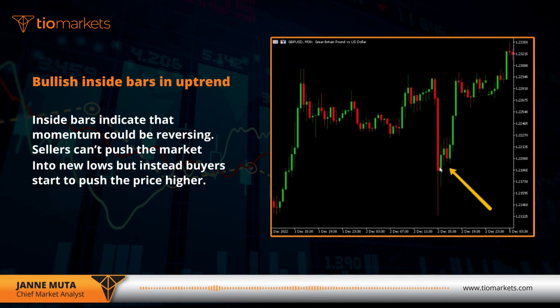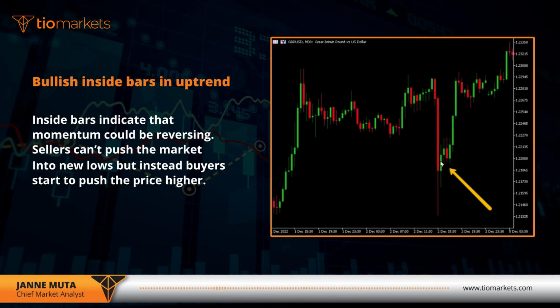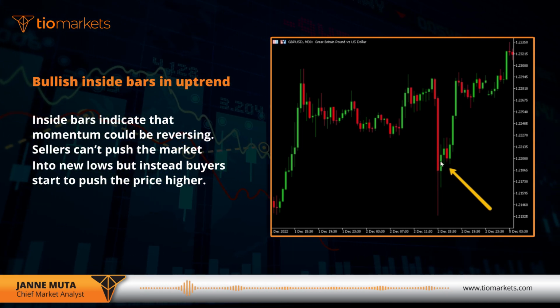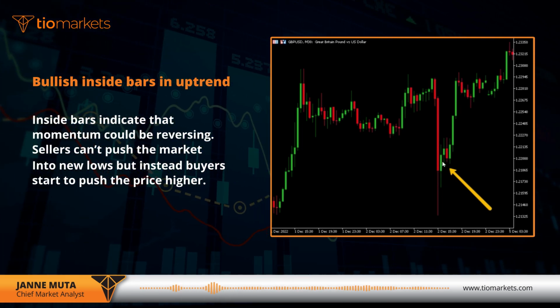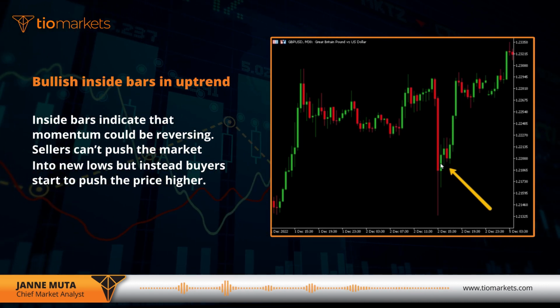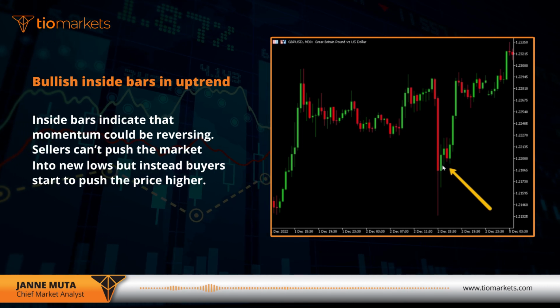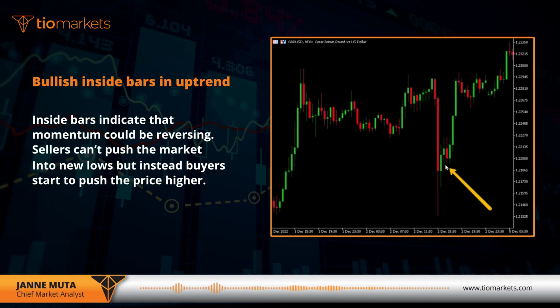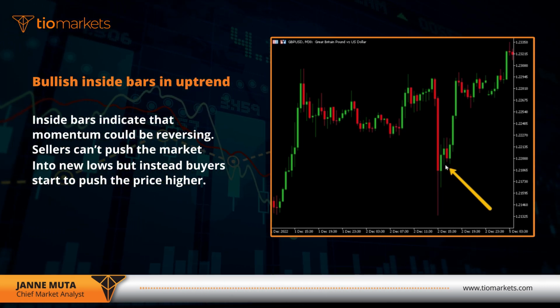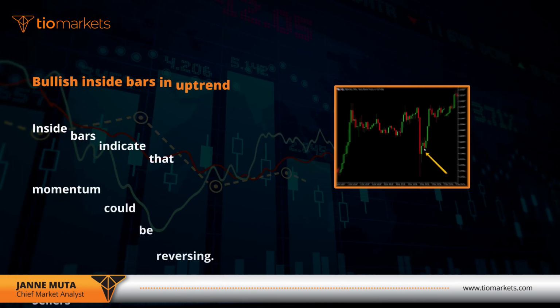And then these candles signify that sellers just can't push the market into new lows. Instead, buyers start to push the prices higher little by little. So that's something that you could use as an entry technique in an uptrending market.